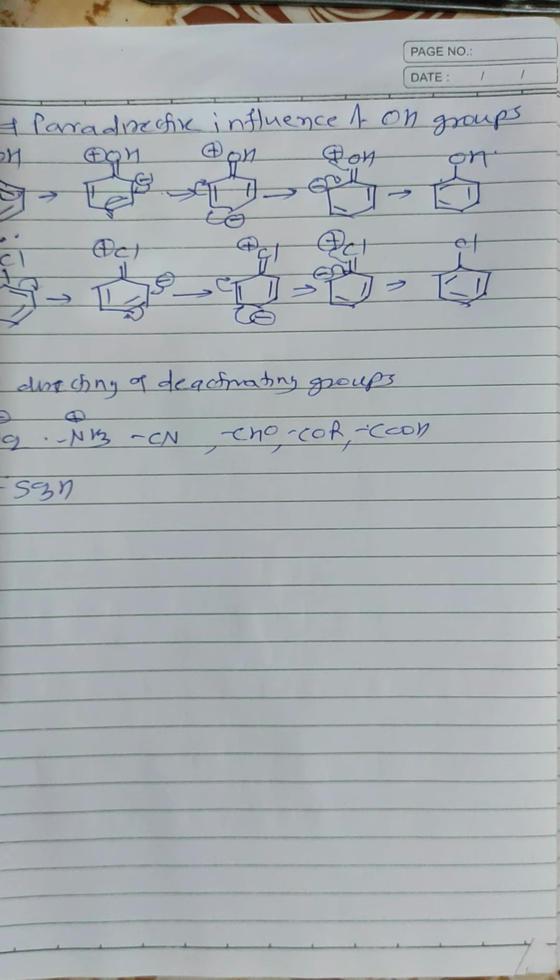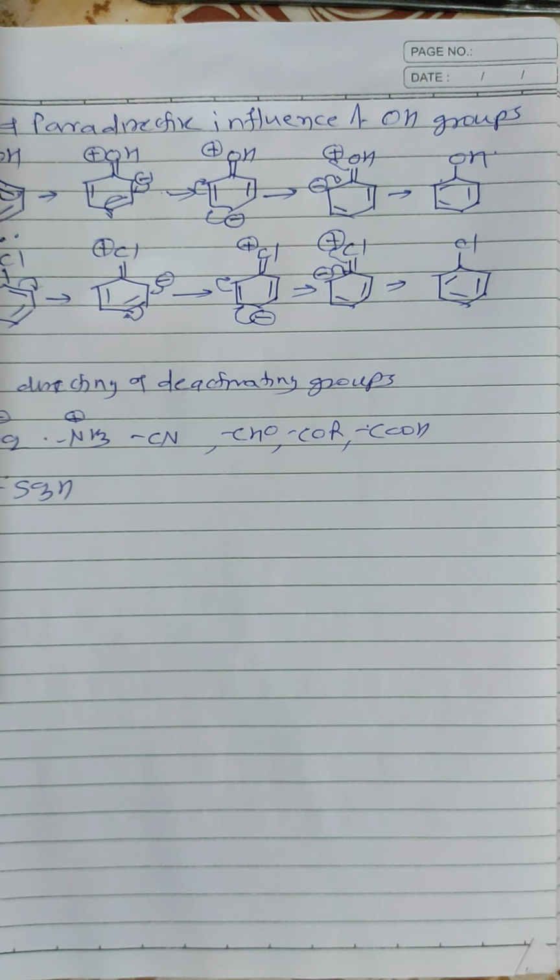So all meta-directing groups have a positive or partial positive charge on the atom which is directly attached to an aromatic ring. The groups which direct the incoming groups to the meta position are called meta-directing groups.